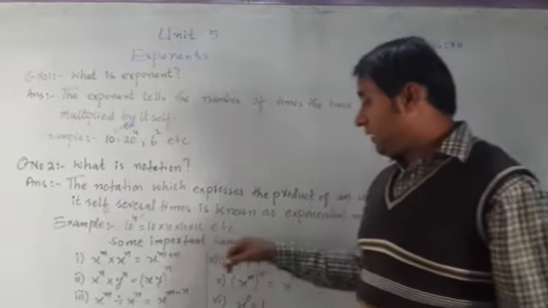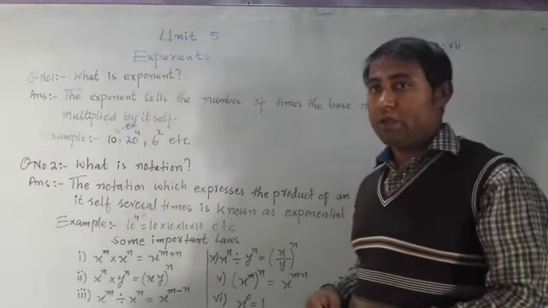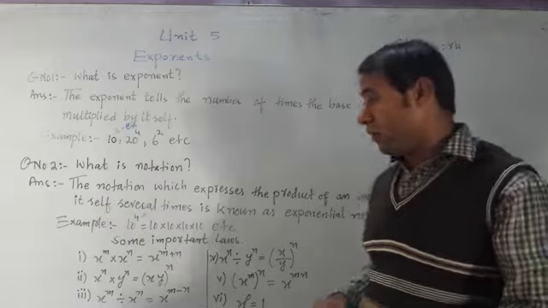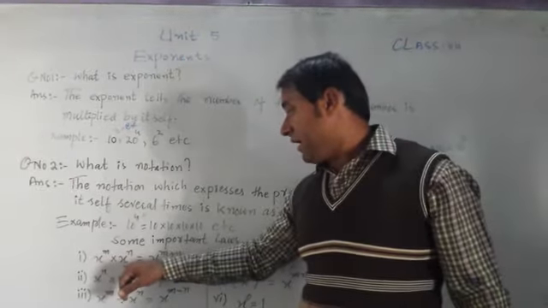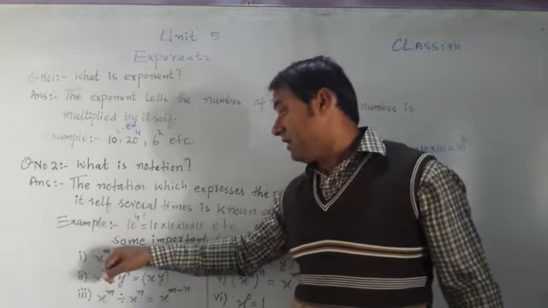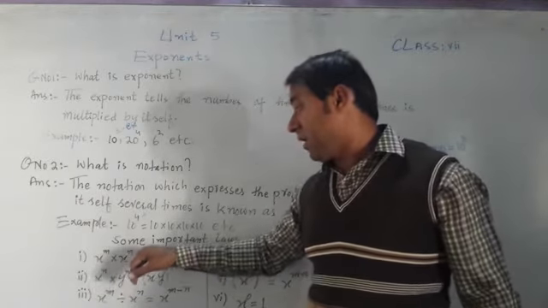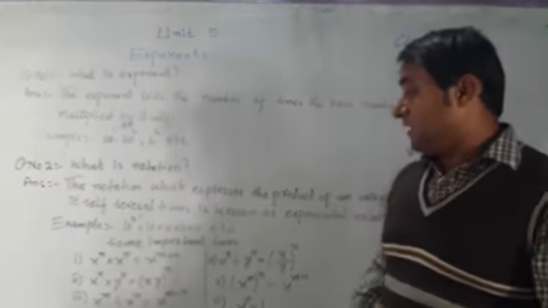Now some basic important laws in this unit, and it is most important that we know these laws. The first law is x power m multiplied by x power n, and the answer is x power m plus n.